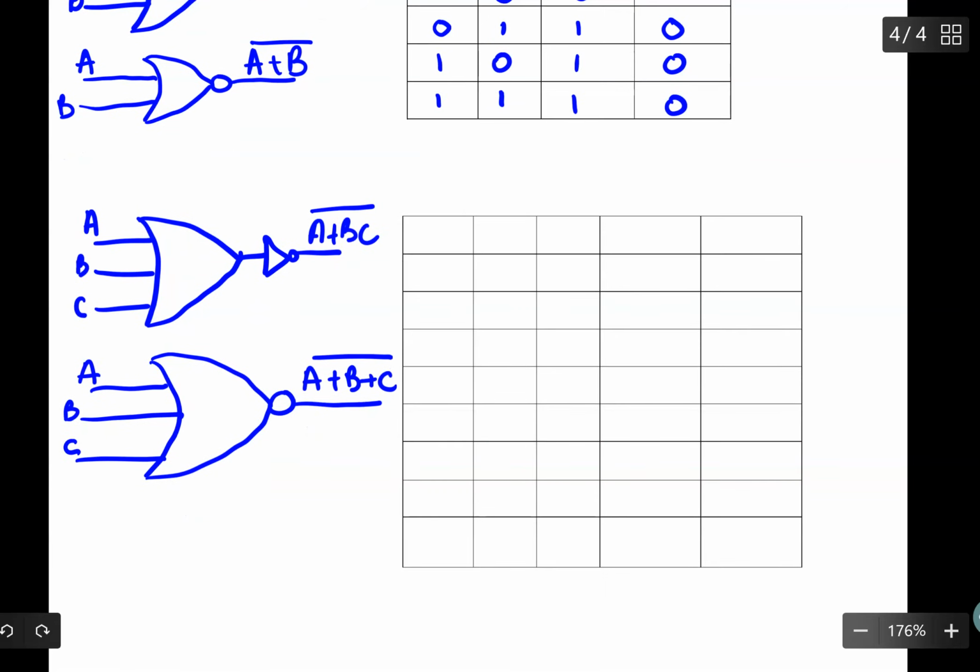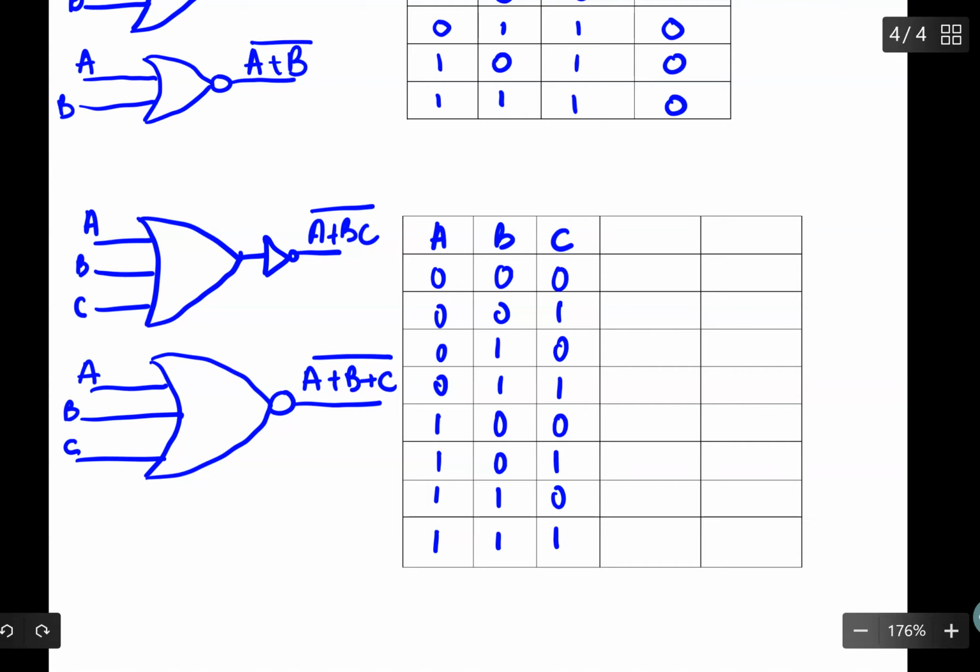Again, I emphasize that we will start with the 4 zeros and 4 ones, and the same patterns for B and C. I should have A plus B plus C, and A plus B plus C inverted.